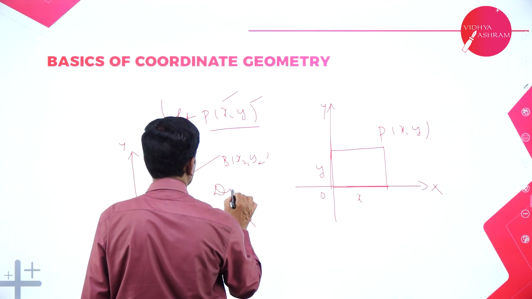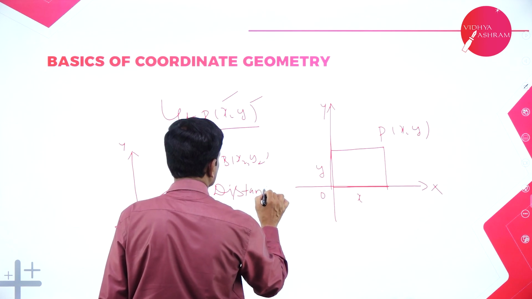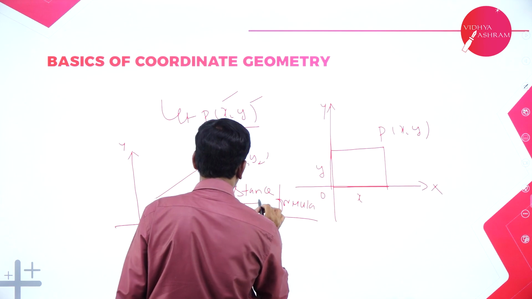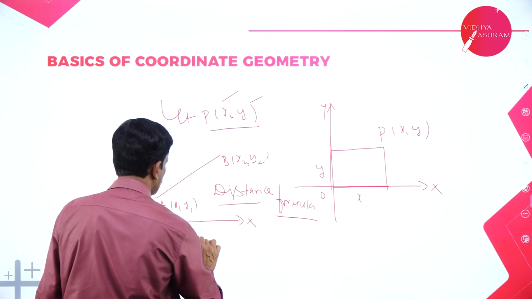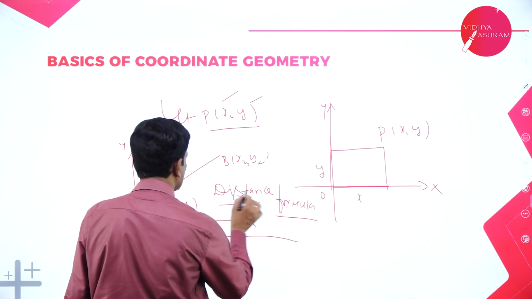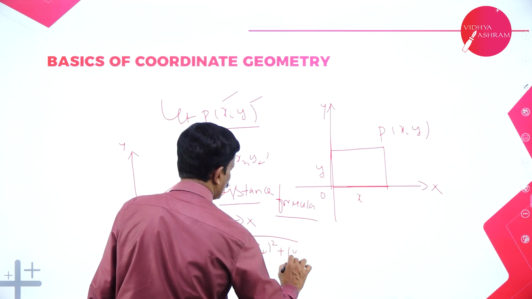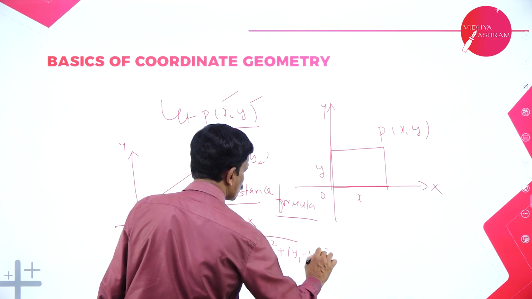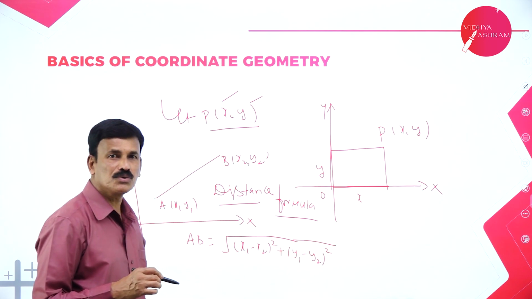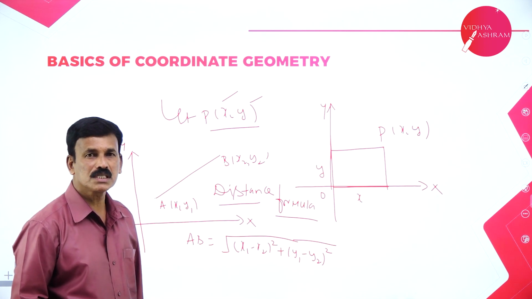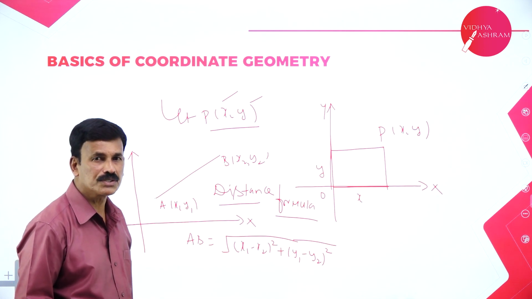What is the distance formula? The distance AB is equal to root of (x1 minus x2) whole square plus (y1 minus y2) whole square. So the distance between the 2 points A(x1, y1) and B(x2, y2) is given by root of (x1 minus x2) whole square plus (y1 minus y2) whole square.